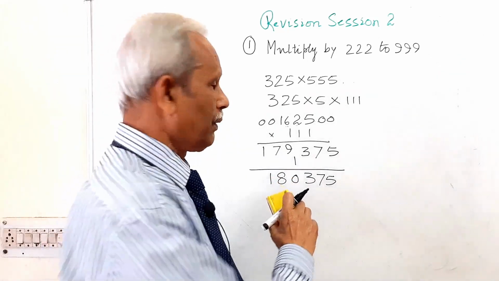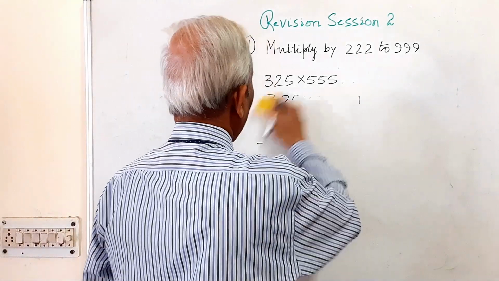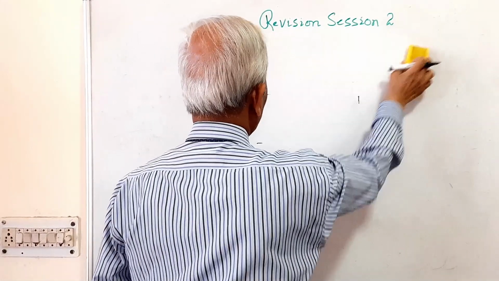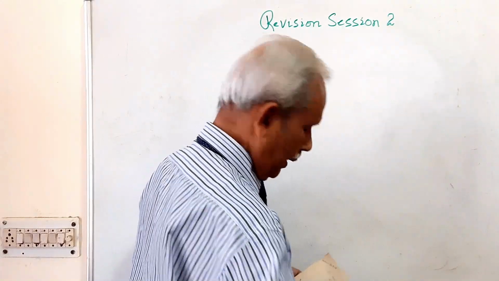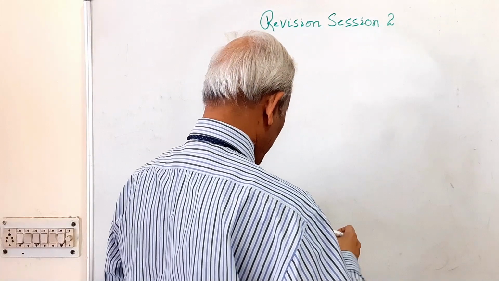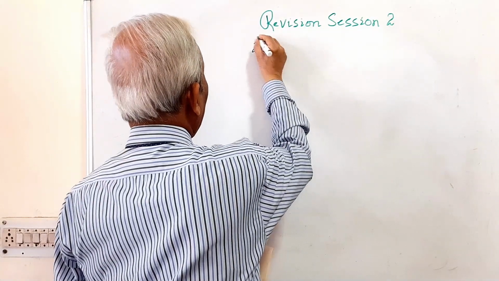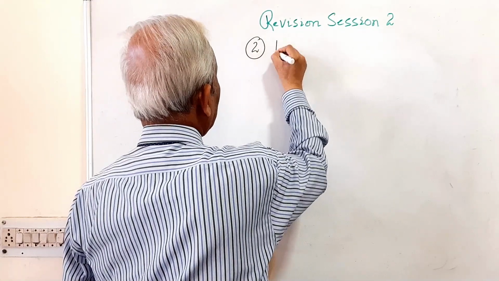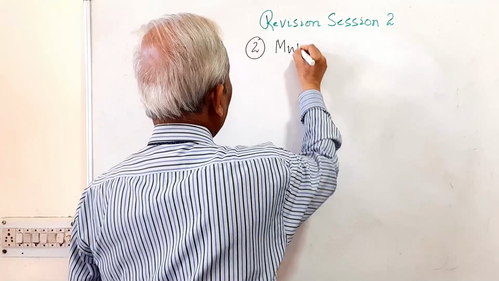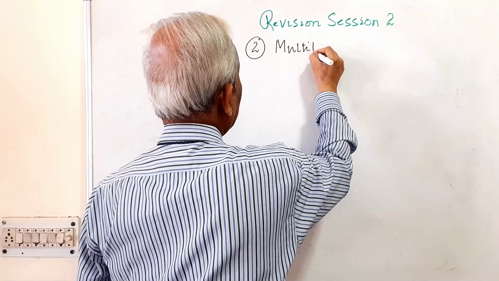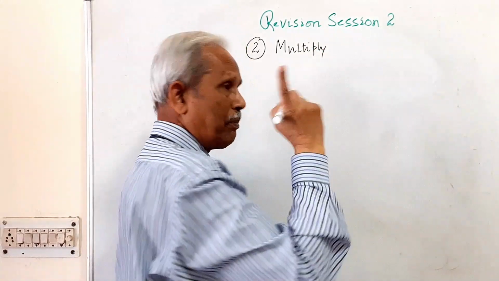Just try to follow it, right? Now let us do the next question, the second question. The second question is multiply by the multiple of... last time we had seen multiply by multiple of 111.